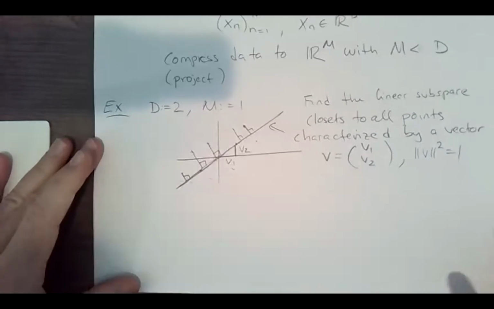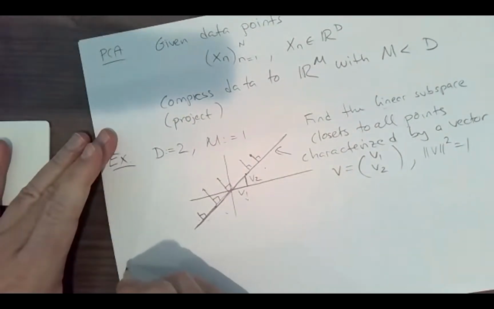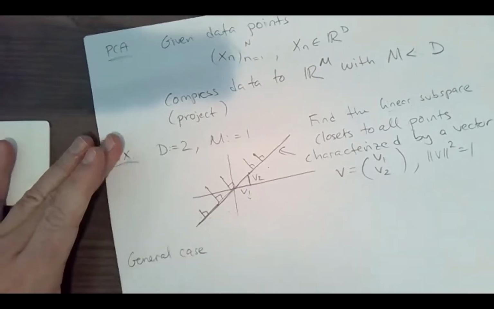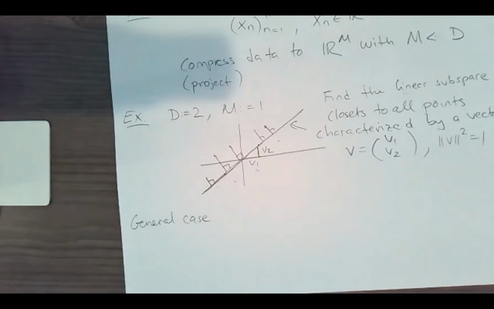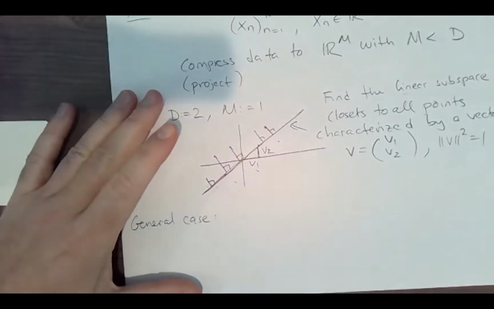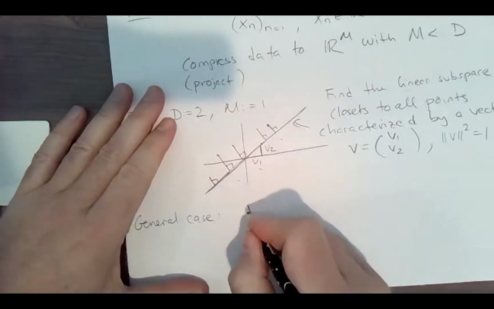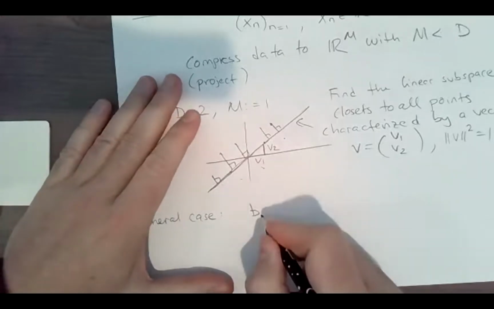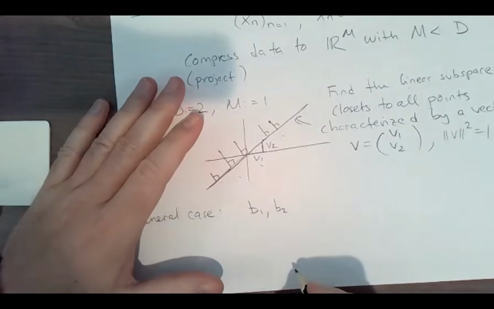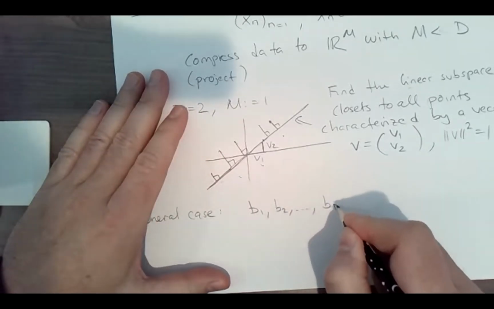Okay, so how do we do the general case? You'll have these vectors, I'll call them B1, B2, up to BD.